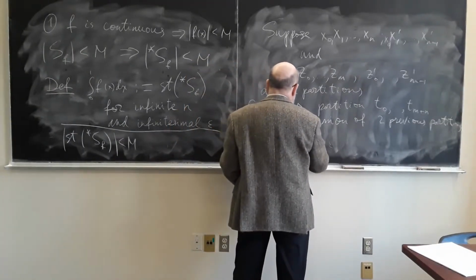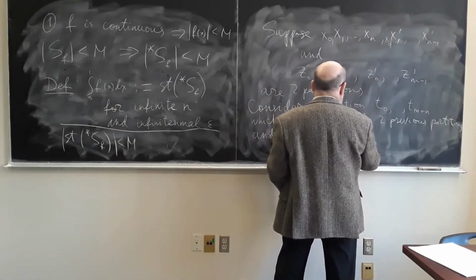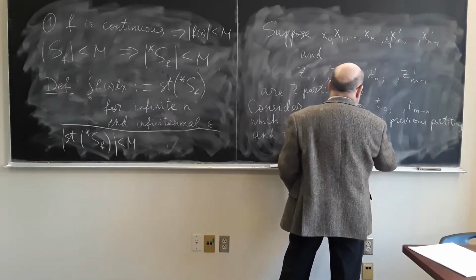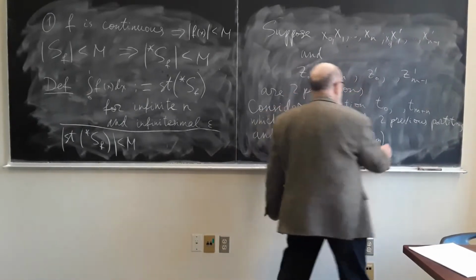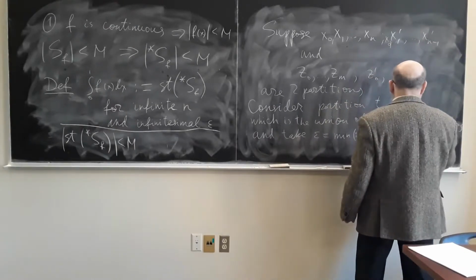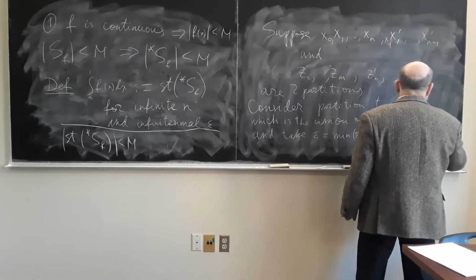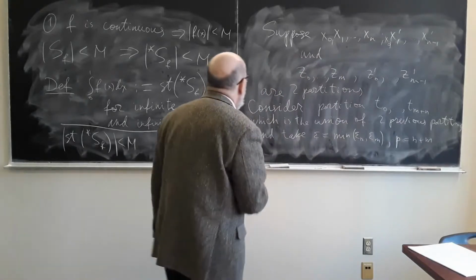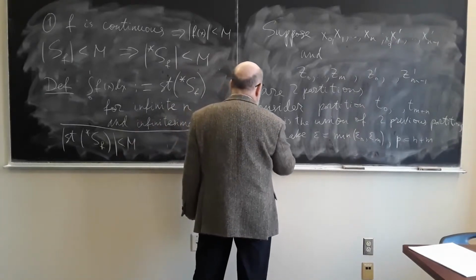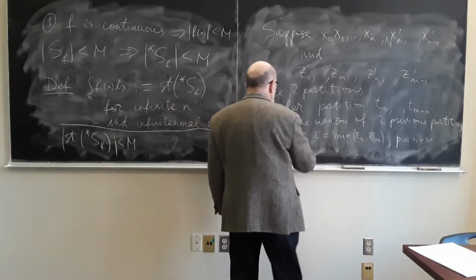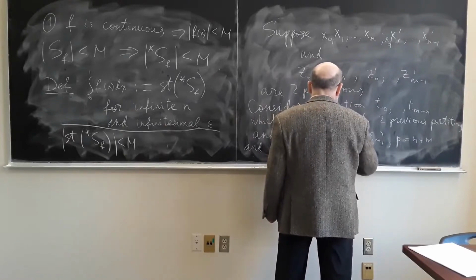Take epsilon equal to the minimum of epsilon_n and epsilon_m. Here is epsilon_n, here is epsilon_m. P equals n plus m is the number of points in this partition, and let t_0 prime, ..., t_{n+m-1} prime be the new intermediate points.